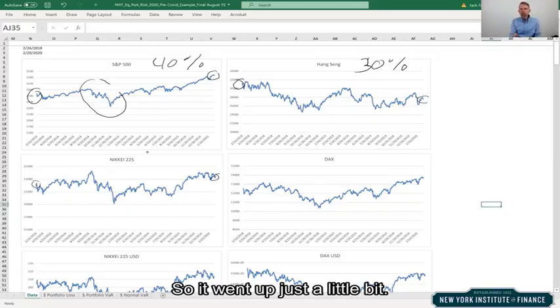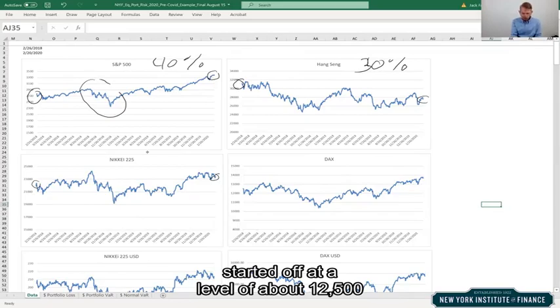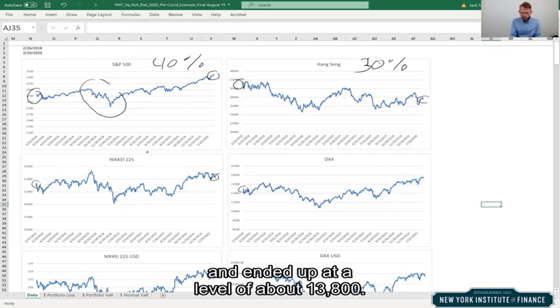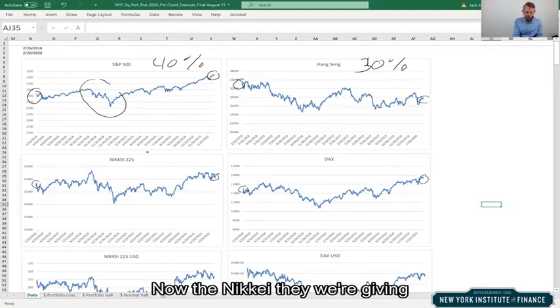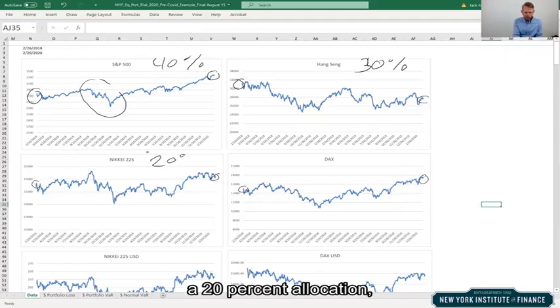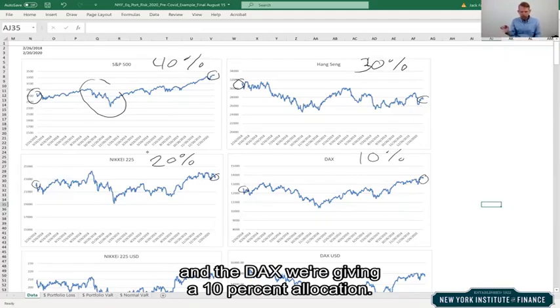So it went up just a little bit. And then the DAX index, which is based in Frankfurt, started off at a level of about 12,500 and ended up at a level of about 13,800. Okay. Now the Nikkei, we're giving a 20% allocation, and the DAX, we're giving a 10% allocation.